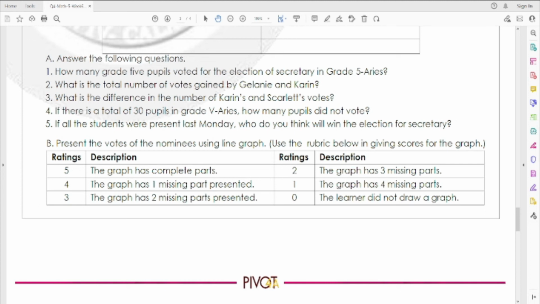You will get a score of 5 if the graph has complete parts, 4 if the graph has 1 missing part, 3 if 2 missing parts, 2 if 3 missing parts, 1 if 4 missing parts, and 0 if the learner did not draw.